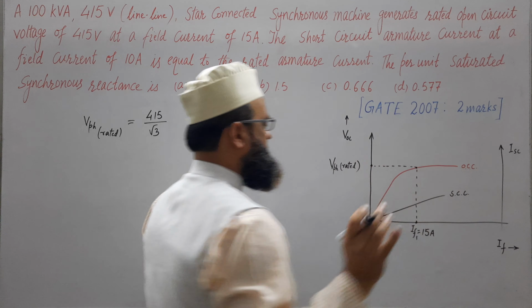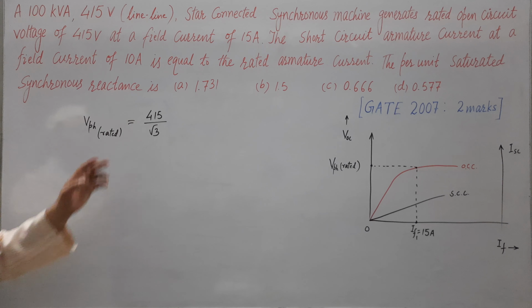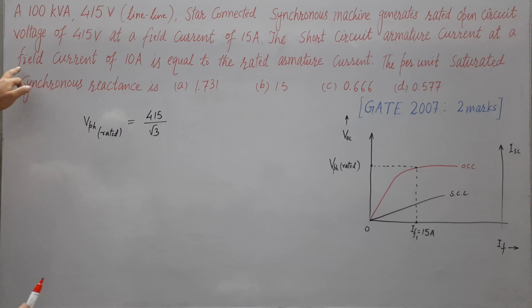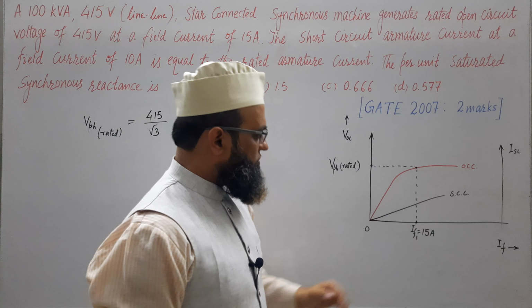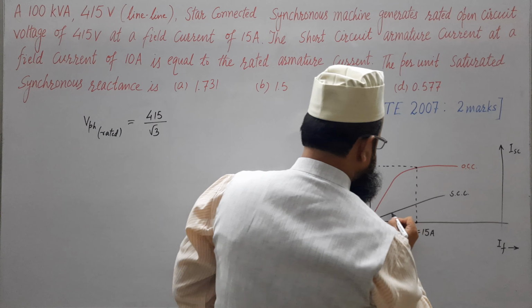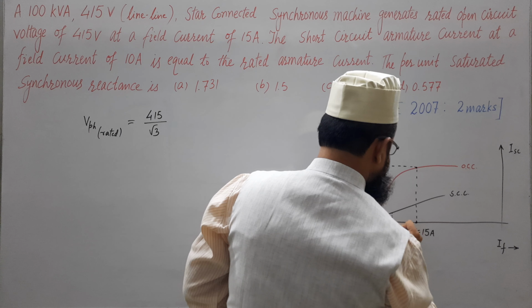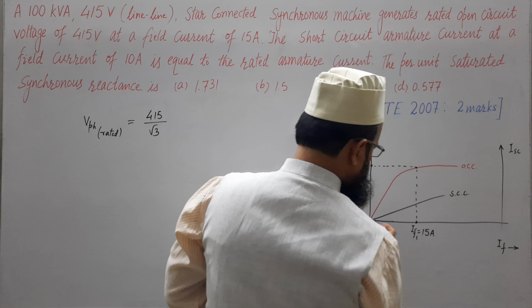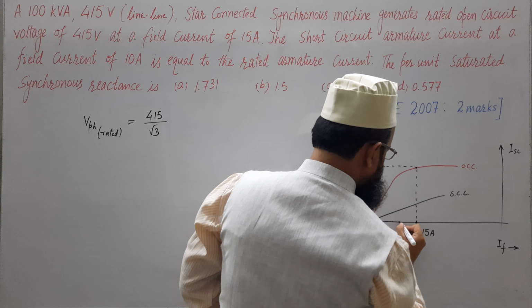Next, the short circuit armature current at a field current of 10 ampere. Obviously 10 ampere is lesser than 15, so let us take it somewhere here.